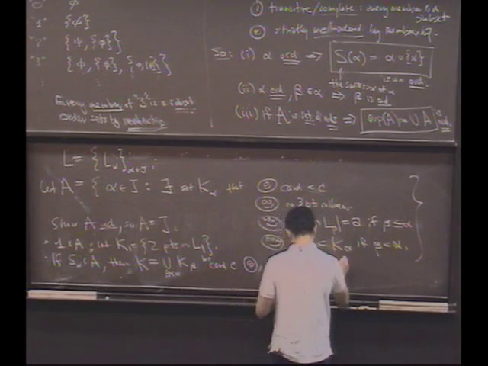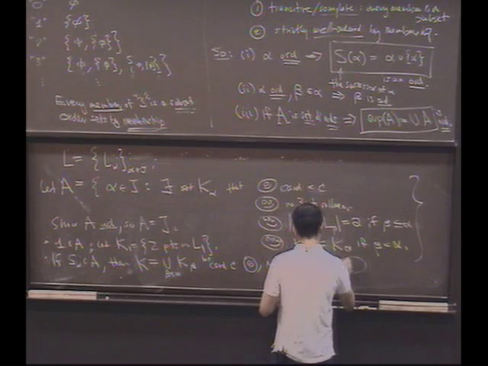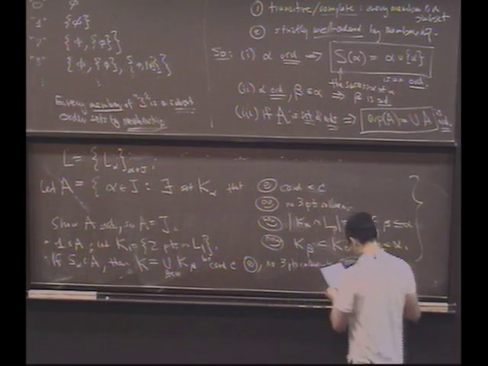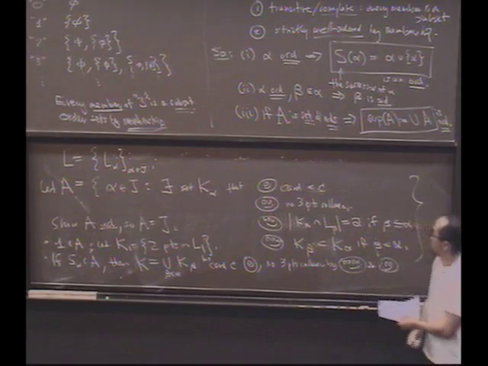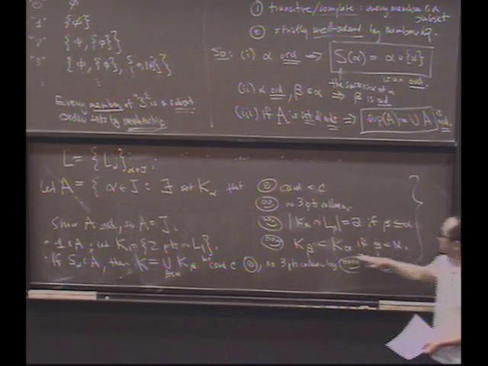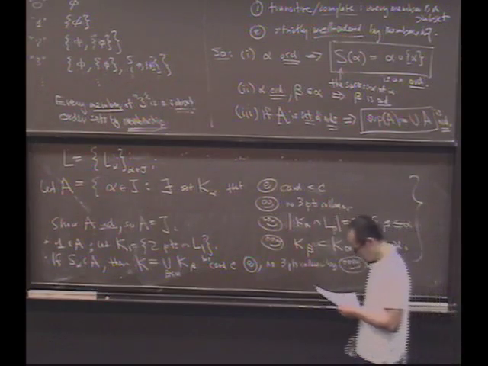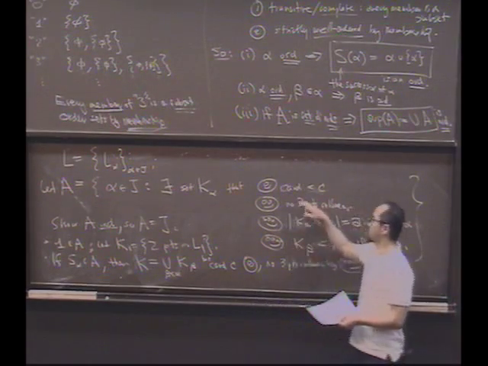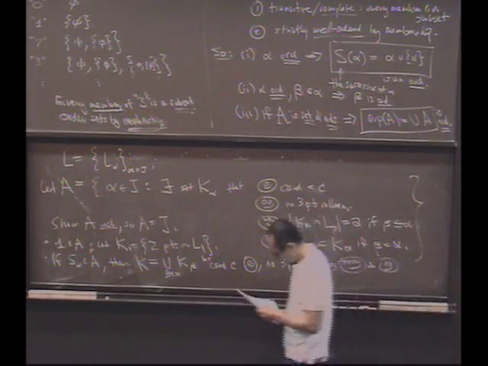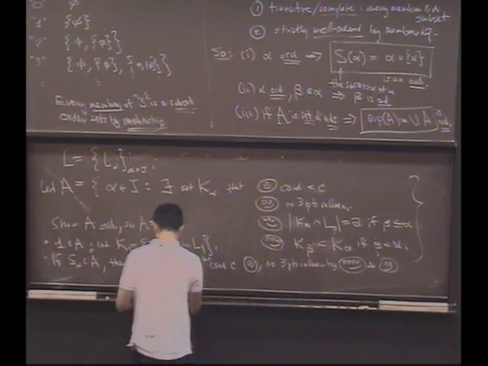This follows by the second and fourth properties. It has no 3 points collinear because it's a nested sequence here, each of which has no 3 points collinear. So you pick 3 points, it's eventually in one of the things you union, so it should be not collinear.